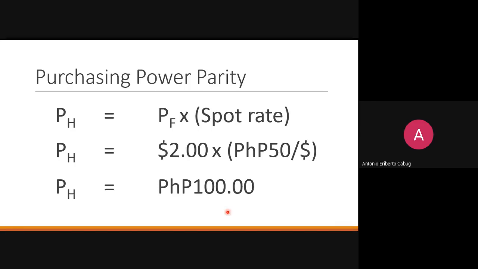When you are going to buy one item in one country, you are going to spend the same amount if you go to another country, assuming you use the spot rate to exchange the currency. Is this proposition accurate? Yes or no?